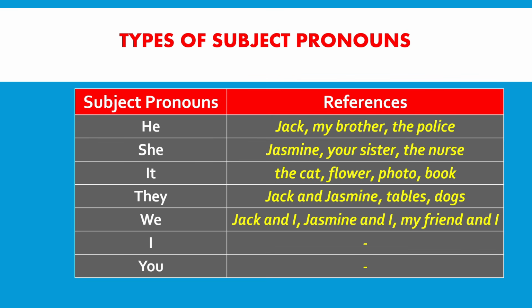Next, the subject pronoun it. It also refers to one thing, but definitely it is not a person. Okay? Most of the time, a lot of teachers guided their students that using it is for non-living things. Sorry, it's not. It's not for non-living things.